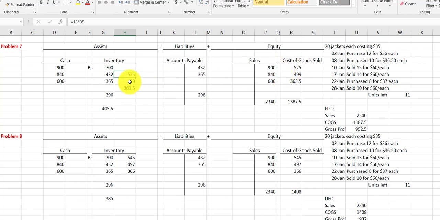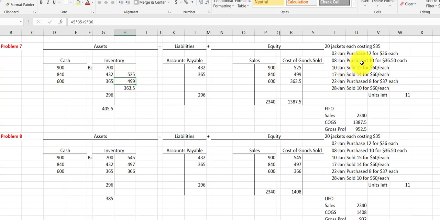Then when we make the second sale, obviously we can't sell all of them from the original 20 we already have. So we do 5 from the $35 ones, and 9 at the $36 ones. $499 credit inventory, debit cost of goods sold.